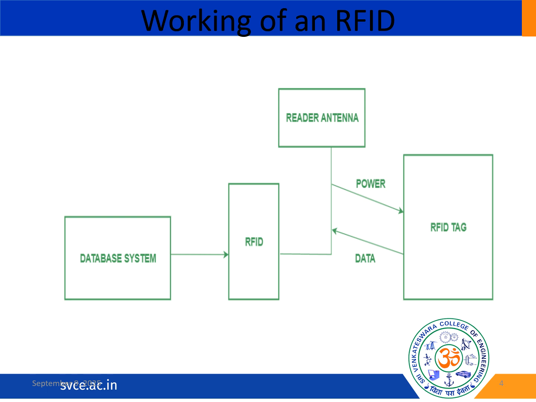In short, the database system first communicates with the RFID reader and then the reader antenna, and then it connects with the RFID tag, and data exchange is also possible. It sends data back to the reader and finally to the database. This is the working of an RFID.